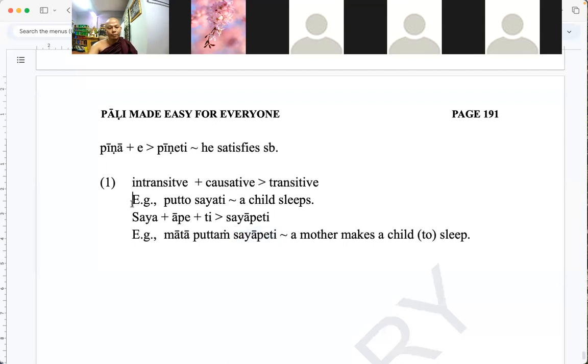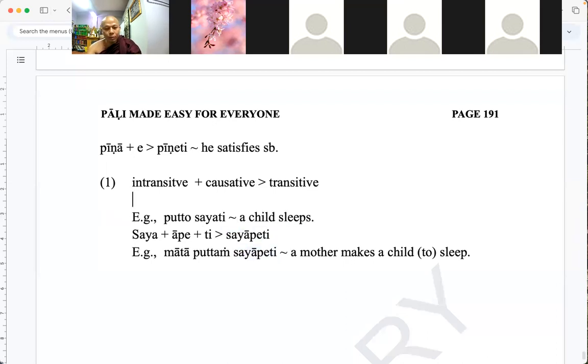That is root C. The intransitive root is root C. Root C means to lie down, or maybe to sleep in that sense. So sayati means he sleeps or he lies down in this way.